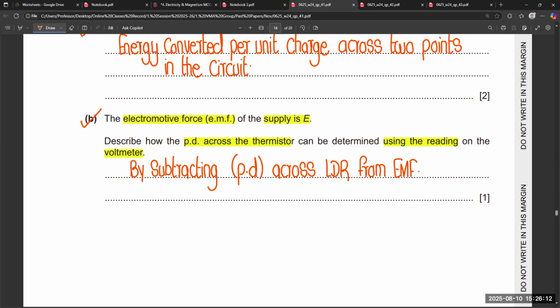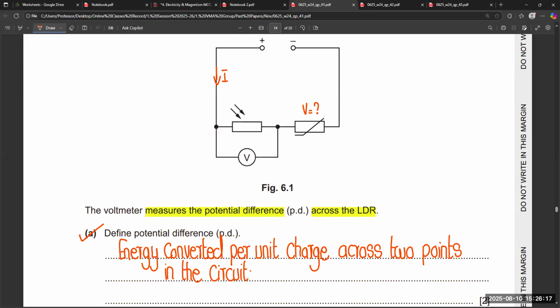So EMF is the total value, and if we subtract the voltage of LDR from the EMF, you will get the voltage of this thermistor. EMF minus voltage of LDR equals voltage of thermistor. Simple.